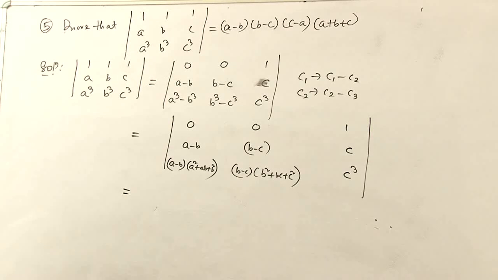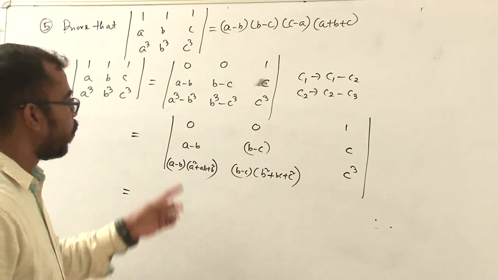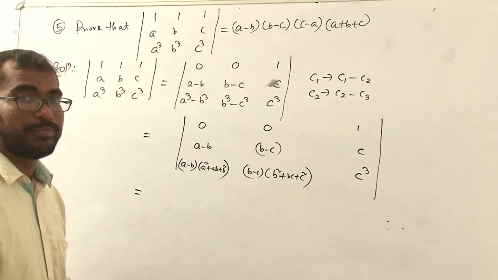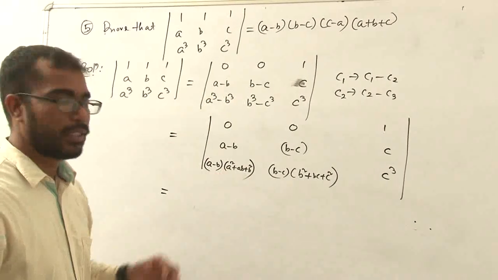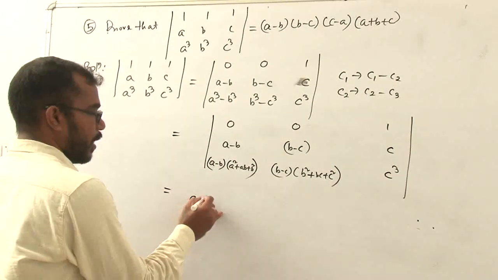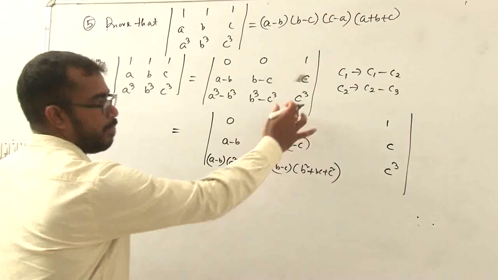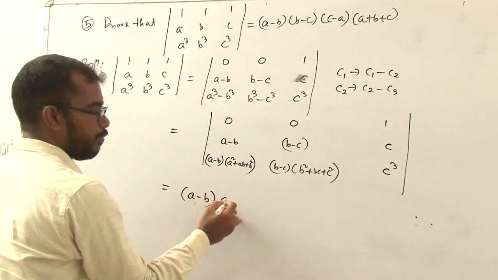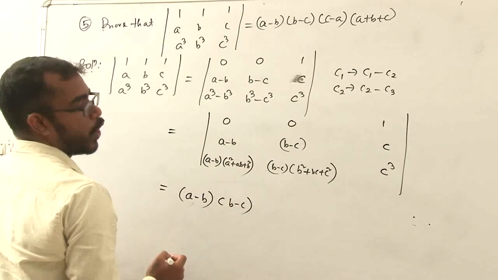Okay. Now here we take common A minus B from column 1, and B minus C is also common from column 2.